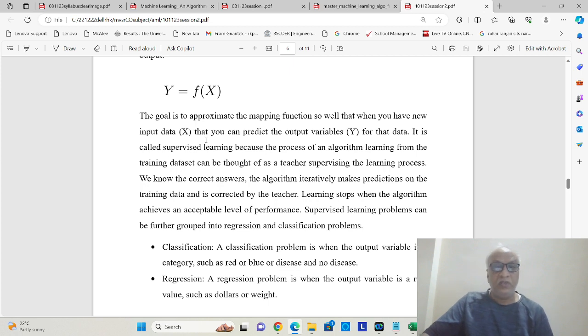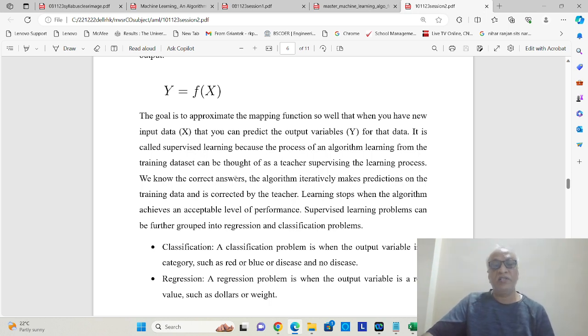Why are supervised learning algorithms called supervised? There is a training data set, and we can think of it as a teacher supervising the learning process.